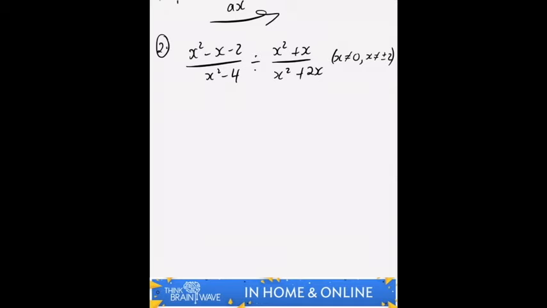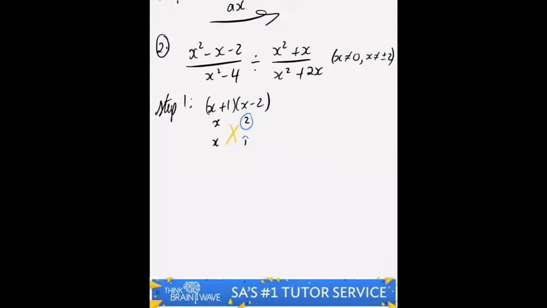Right, so let's do our first step. Let's factorize the numerator and the denominator. This will give you x plus 1 times x minus 2. And the reason is we did the cross method, where we said you have x over here, and then you have a 2 and a 1 from over here.